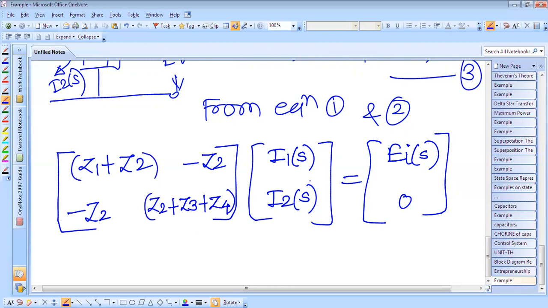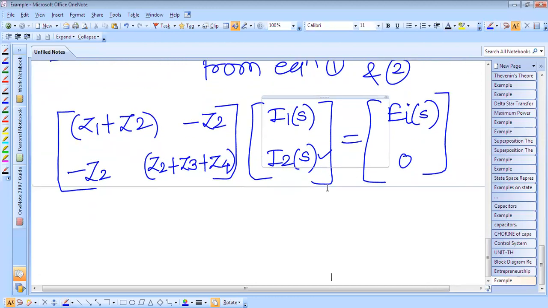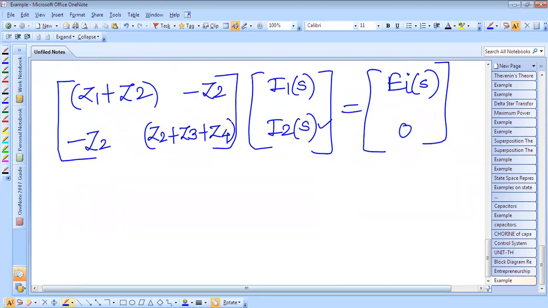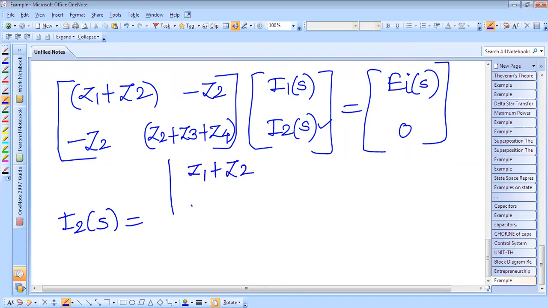Okay. Now we have to find here value of I2 of S. So I2 of S is equal to Z1 plus Z2, minus Z2.